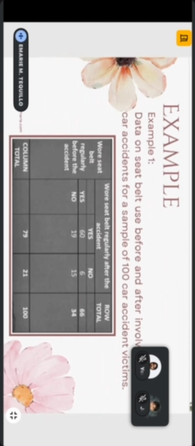Ato makita sa table nga naay yes nga 60 ka buok before and after the accident, while no before and yes after nga 19 ka buok, and then yes before and no after nga 6, and then no before and no after nga 15. If amo ito i-total, makuha na into 100 sample.